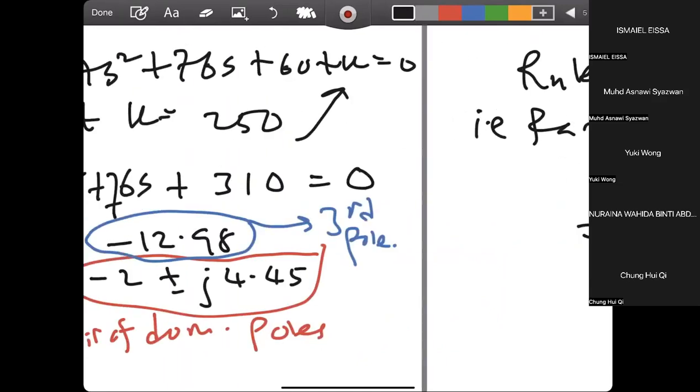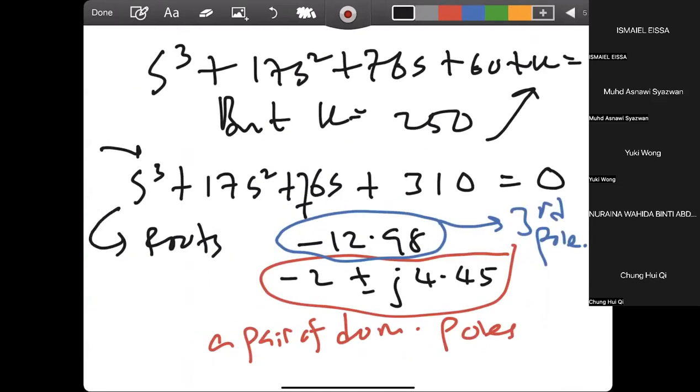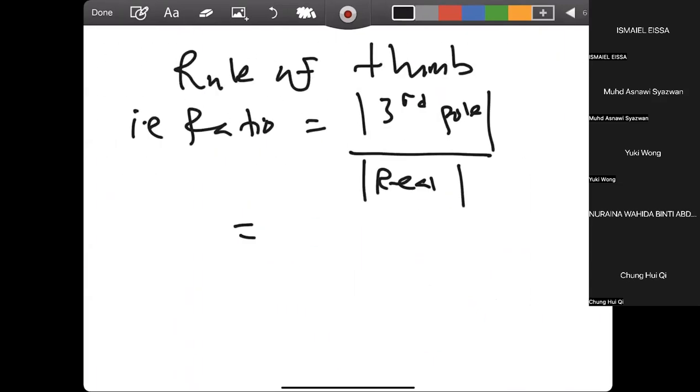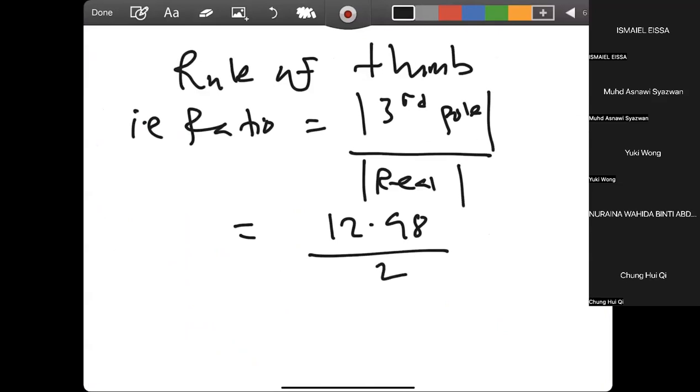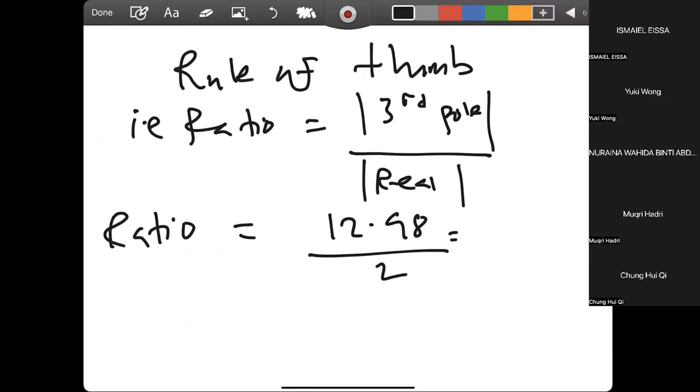So what is the ratio? 12.98 divided by 2, which is 6.49. Which is greater than 5.